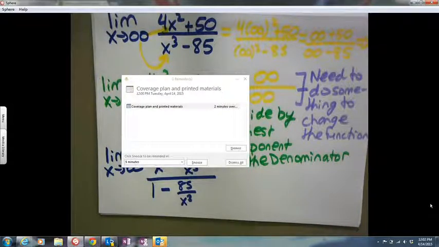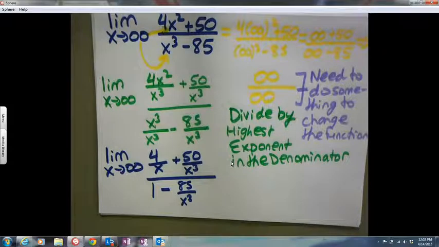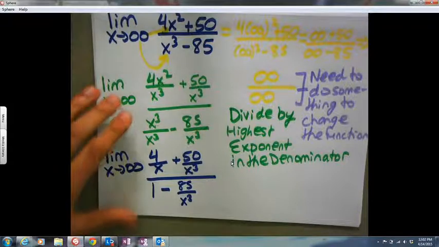And now you are in a position to plug in infinity.